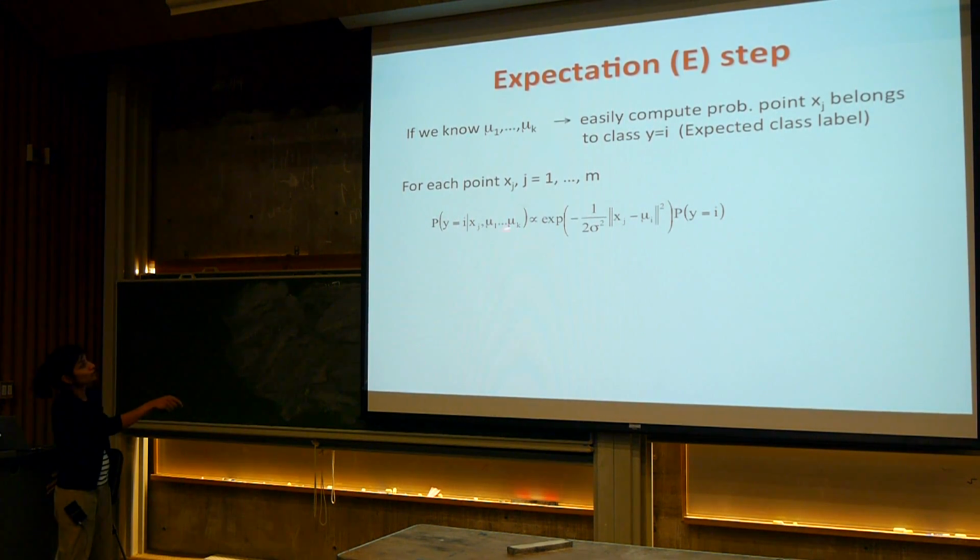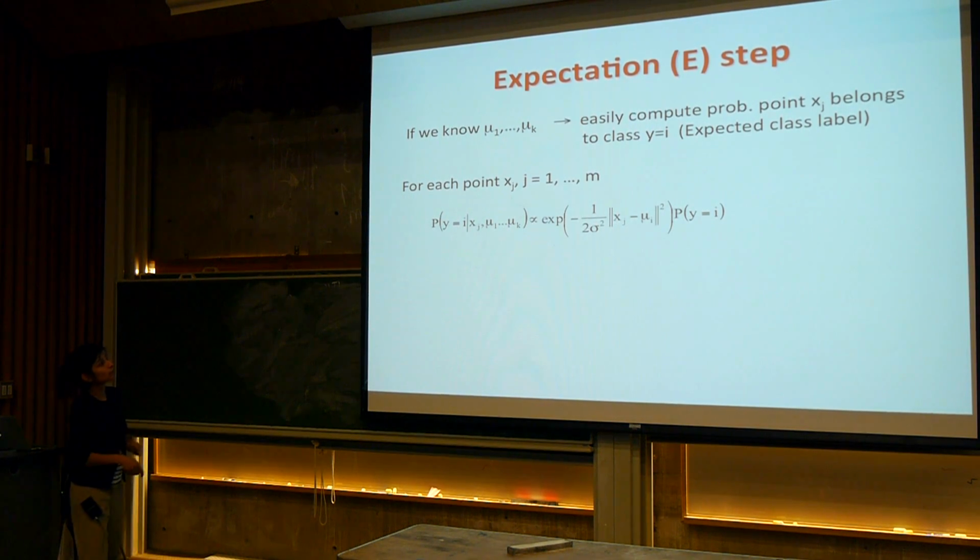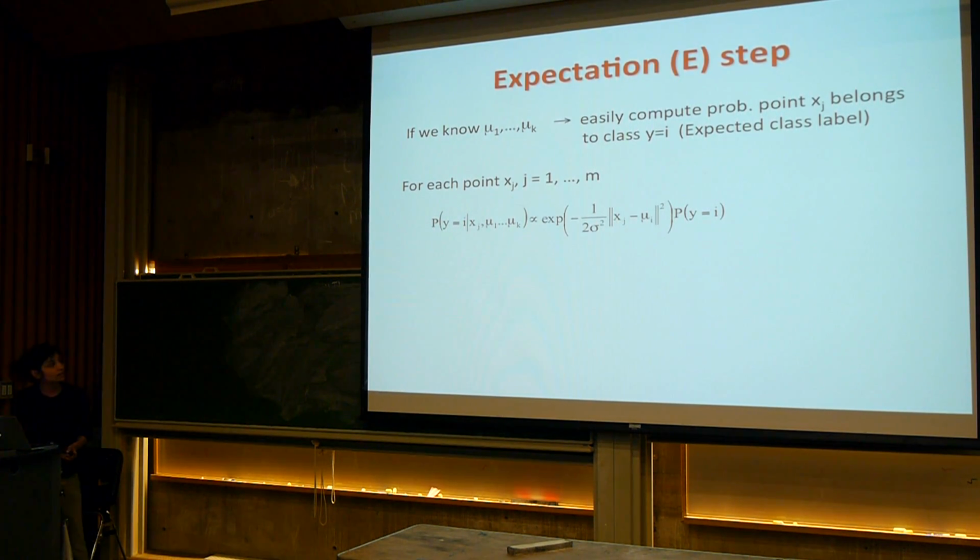For each point, we don't know the y, but we compute the probability that y is i, conditioned on the data point you've observed and the current setting of your parameters, because you're going to initialize them randomly. And notice that that is easy to compute, because you're just talking about the probability that y is i given xj and your set of parameters, the mu's.